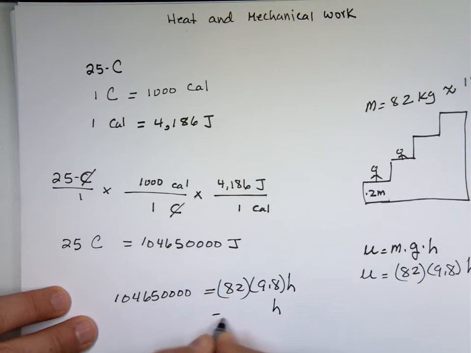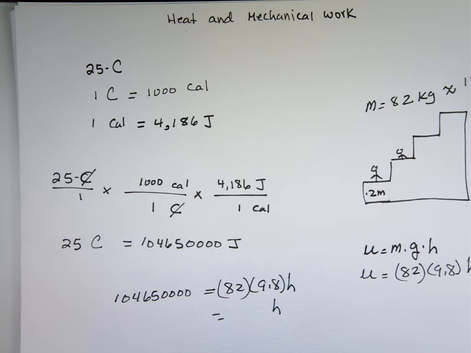Can we get what h is? 10,465,000 divided by 82 divided by 9.8. Oh, God help us. You don't want to know what that number is.